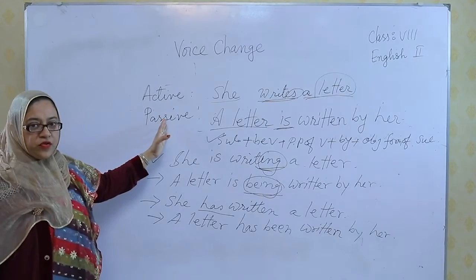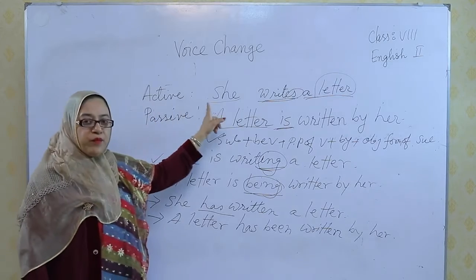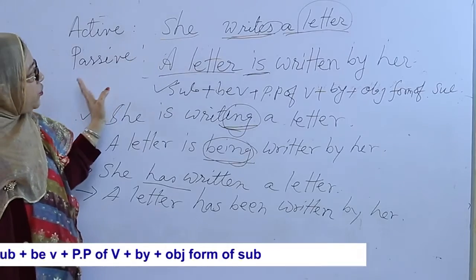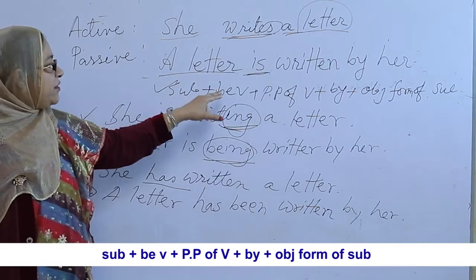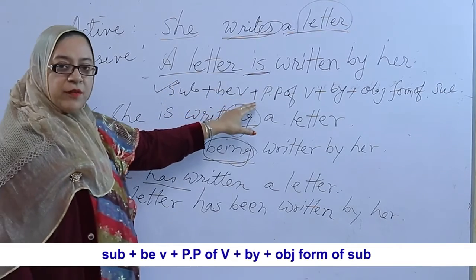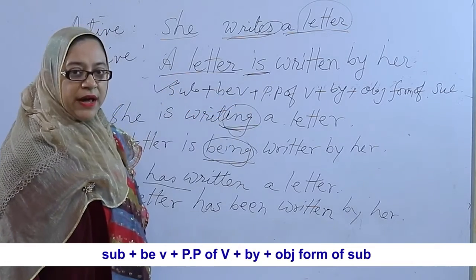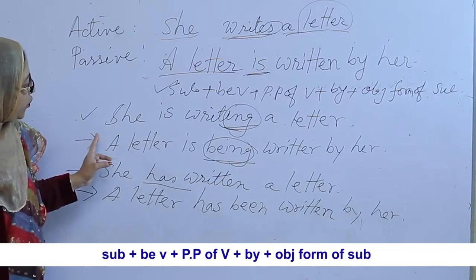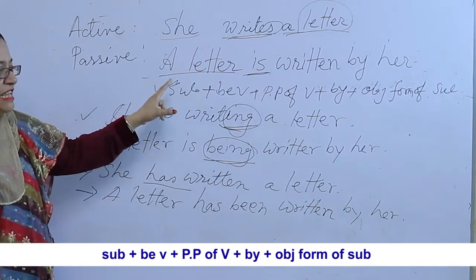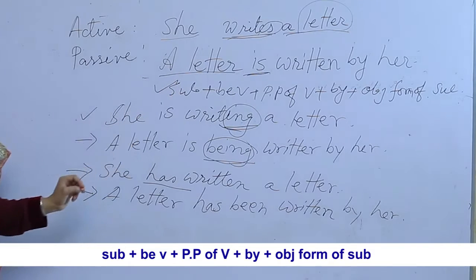So look at the board, students. This is the simple sentence. I turn it into passive by using this structure: subject plus be verb plus past participle form of the verb plus by plus the objective form of the subject. The answer will be a letter is written by her.